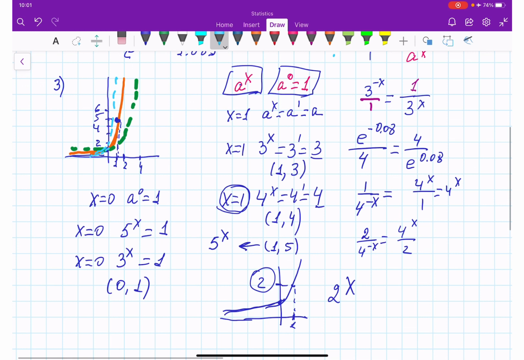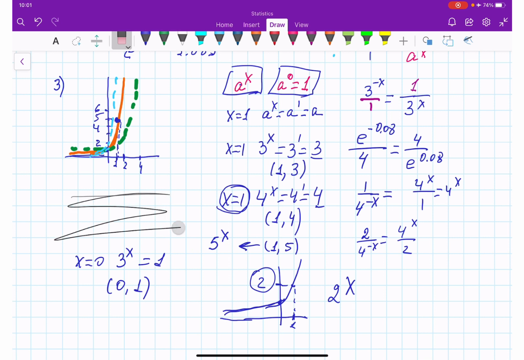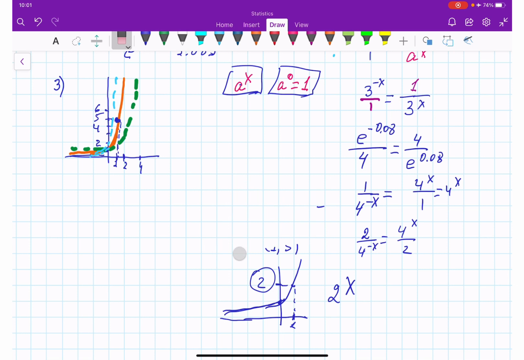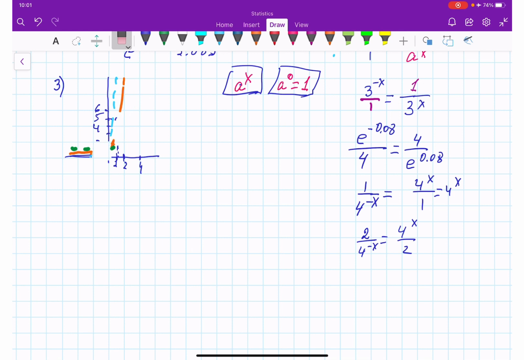I'm going to clean this so we won't have a mess. And the answer for this equation, let me clean this also. So the graph is going to be like that.